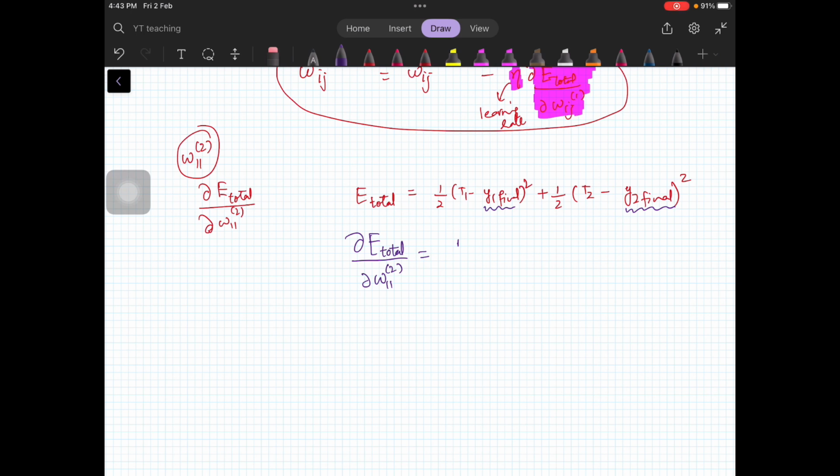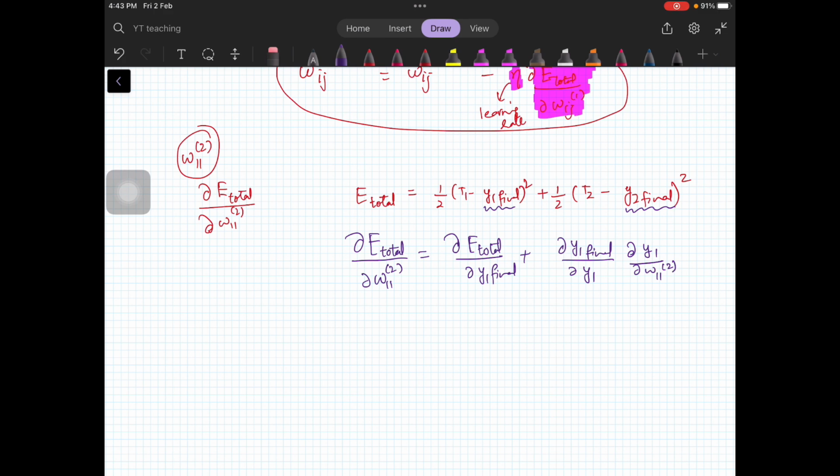So what I can do is write it using the chain rule: curly E total with respect to Y1 final, plus Y1 final with respect to Y1, and then Y1 with respect to W112, right?